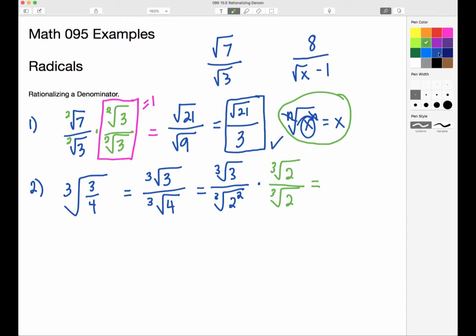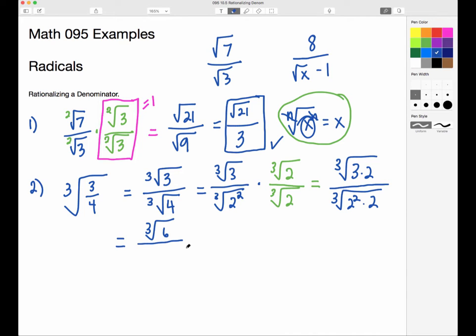So what we come up with is the cube root of 3 times 2, and then on the denominator we have the cube root of 2 squared times 2. Now I wrote it out like this just to really emphasize how many 2's are repeating. I could go to my next line and say, okay, well this is the cube root of 6.